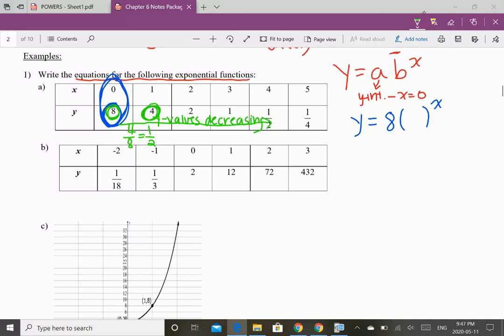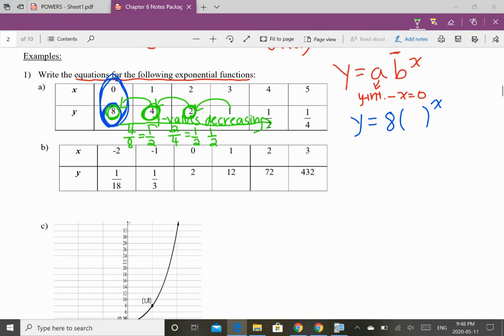Let's do that again with our next pairing. 2 divided by 4 gives us 1/2. So we went 4 divided by 8, 2 divided by 4, 1 divided by 2 is 1/2.